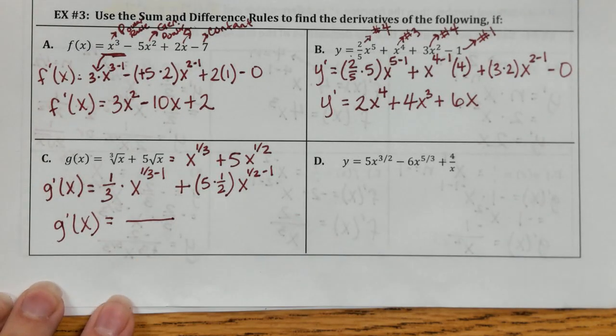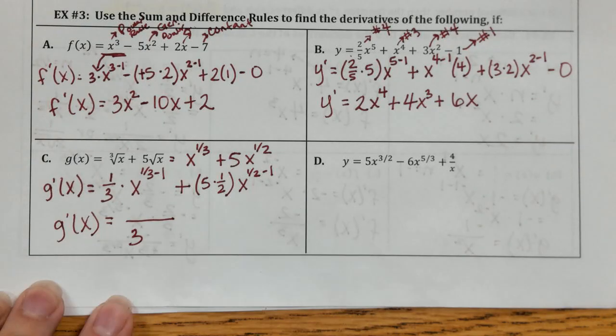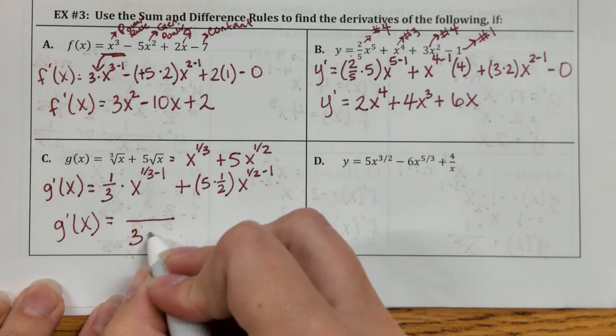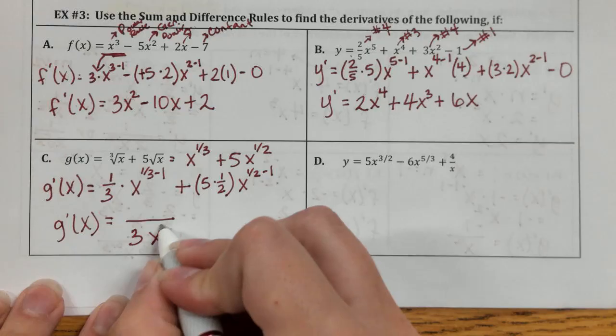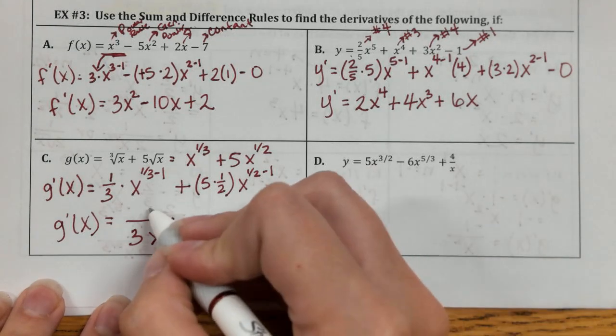Okay. So first off, I have a 3 in the denominator. Then I have x to, what power is that going to be? Negative 2/3. If it's a negative power, then it goes where? Denominator. And then I just have 1 in the numerator.